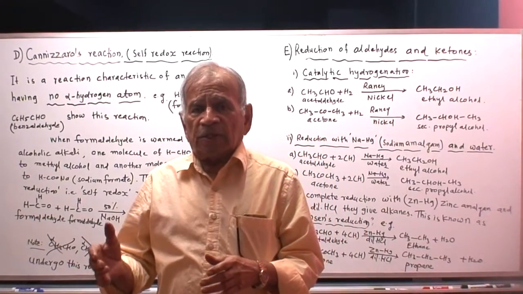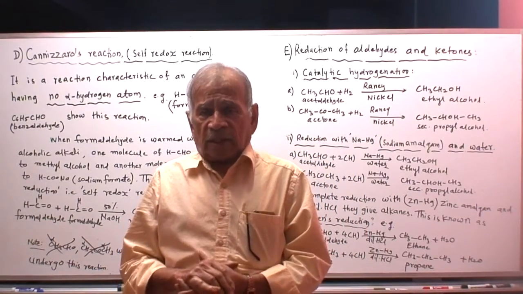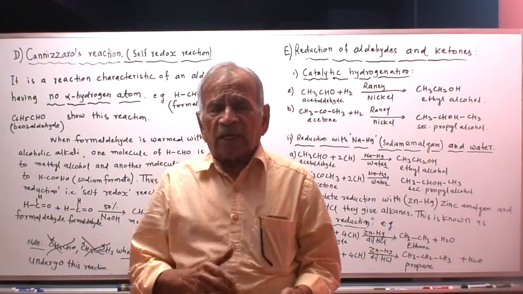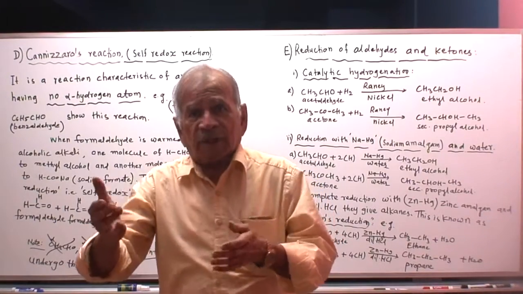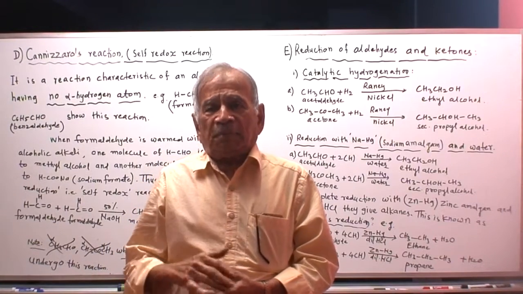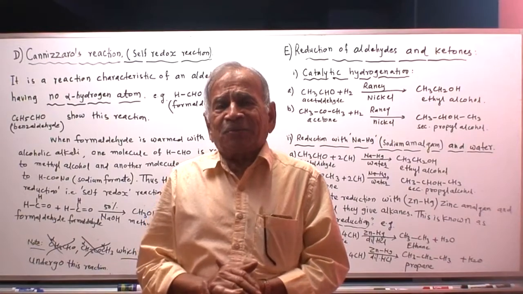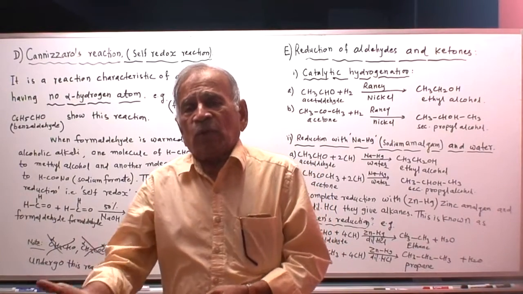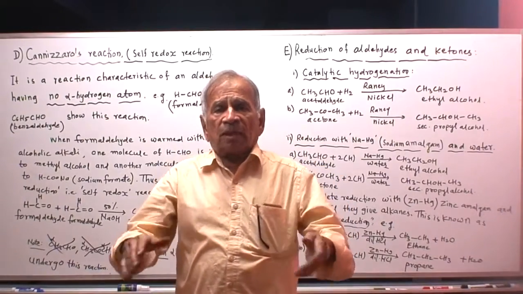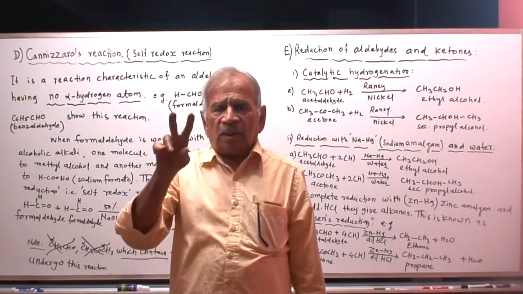Primary alcohols on oxidation give aldehydes, secondary alcohols on oxidation give ketones. And now in this case, aldehydes on reduction give primary alcohols and ketones on reduction give secondary alcohols. The reduction may be brought about in two different ways.